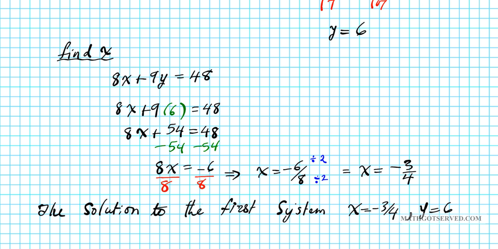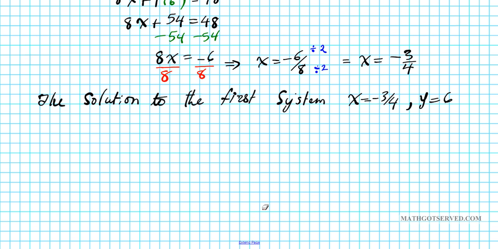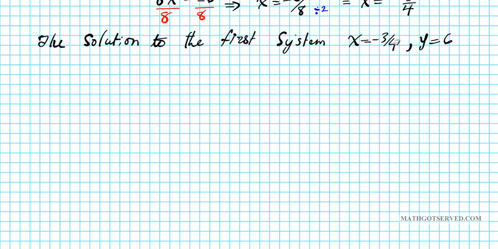Are we done? Absolutely not. Remember, Albert said that the first and second system have the same solution. So how do we know if this solution is a solution to the second system? All we simply do is test it. We're going to test to see if this generates a true statement in the second system.